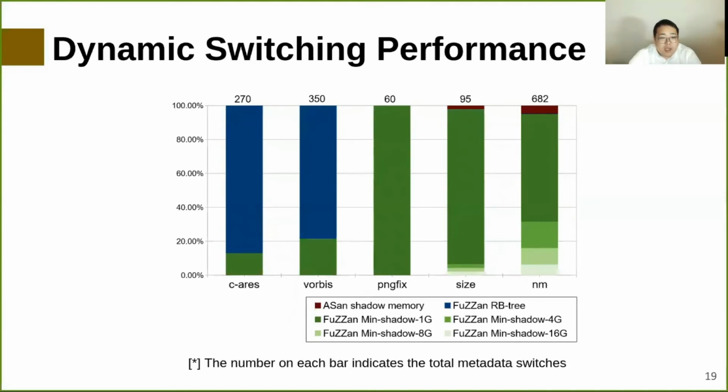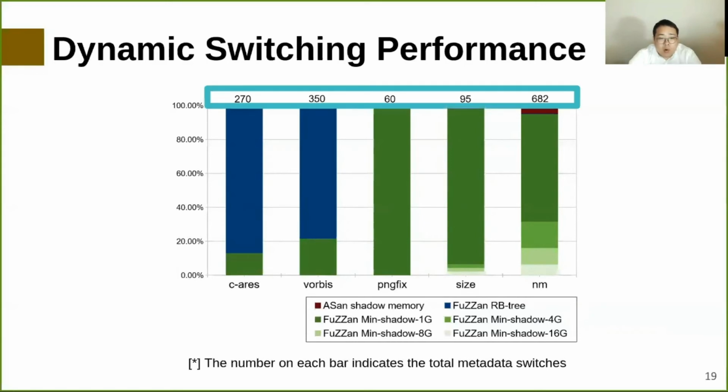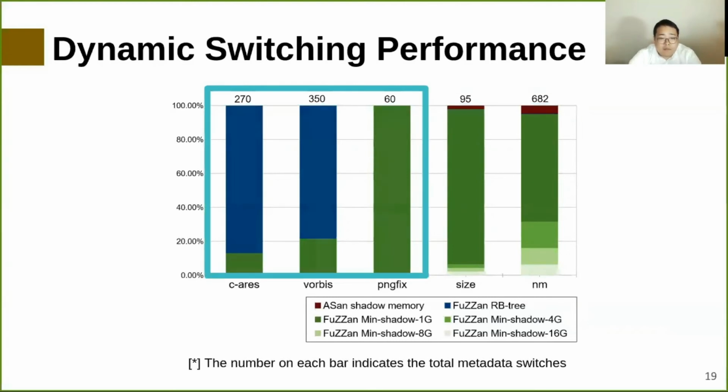First, we evaluated the frequency of the metadata structure switching and each metadata structure selection over the first 500,000 tests. The number on each bar indicates the total number of metadata switches. First, dynamic metadata structure switching automatically selects the optimal metadata structure.